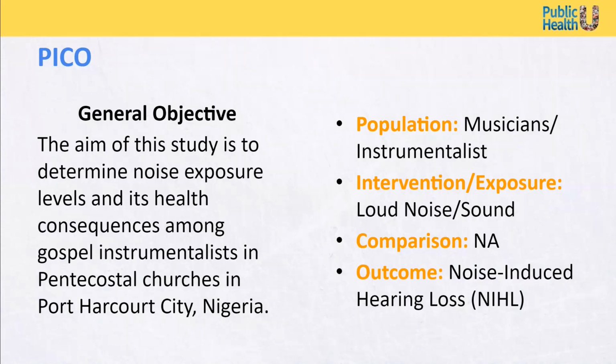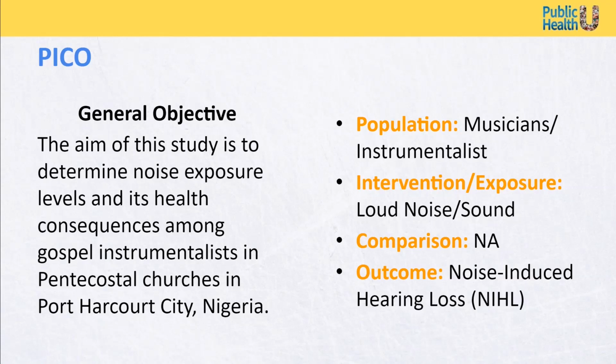Musicians, instrumentalists. That's my population. What is the intervention or the exposure? Loud noise, sound. What is the comparison? Not applicable because I was not comparing one group to another group. And what is the outcome? I am seeking those that have noise-induced hearing loss. That's my study outcome. And the outcome sometimes is called the dependent variable.